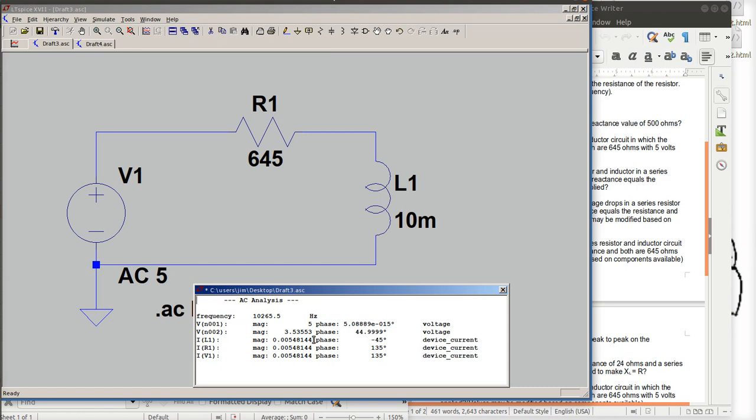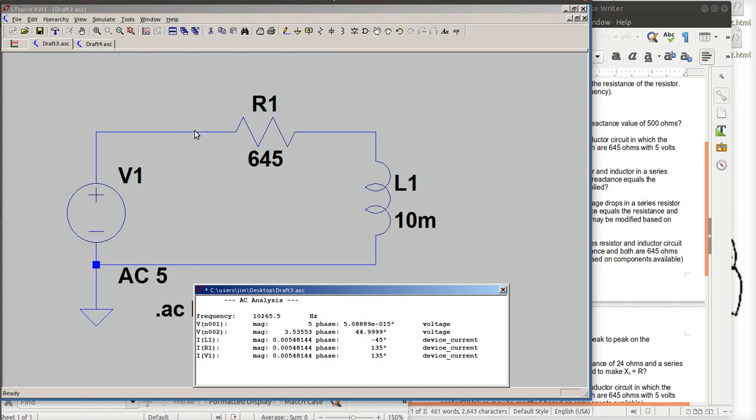Okay, frequency. My voltage is 5. My angle is 5.00 times 10 to the minus 15th degrees. Now, sometimes when Spice does a calculation, you get a really, really small number, but you call it 0. And this one you could call 45. So I have a voltage here of 3.53, angle 45.